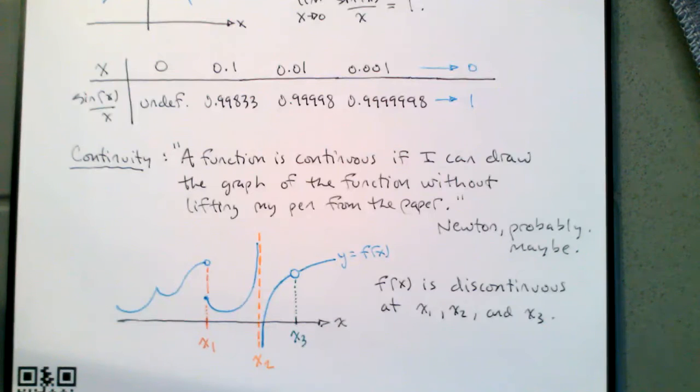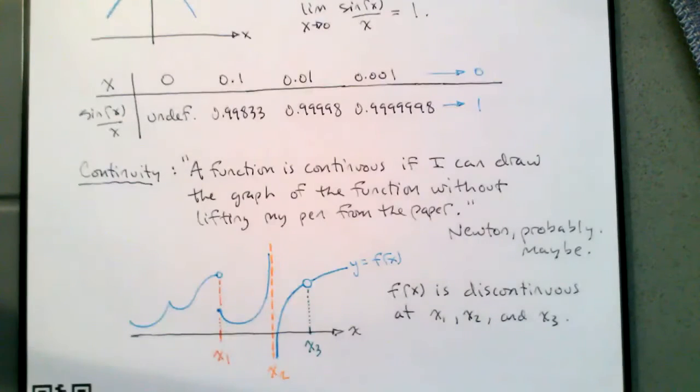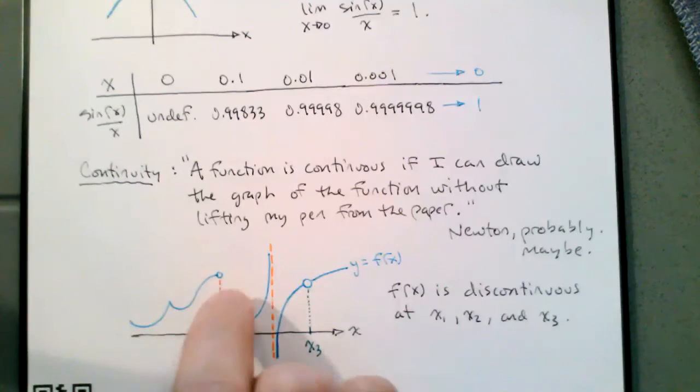So what we want to do is define continuity better than this. Here's how we can define continuity with limits. First thing we want to notice is that this function f of x is discontinuous at x1, x2, and x3, and it's continuous everywhere else. That fits Newton's description: we can keep drawing it without lifting our pen.